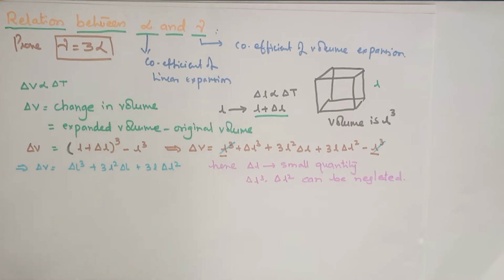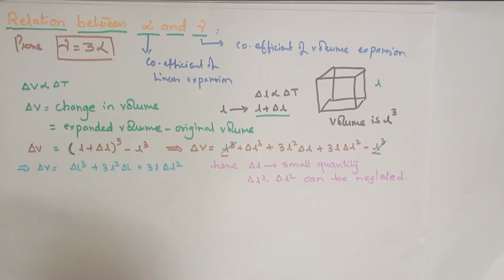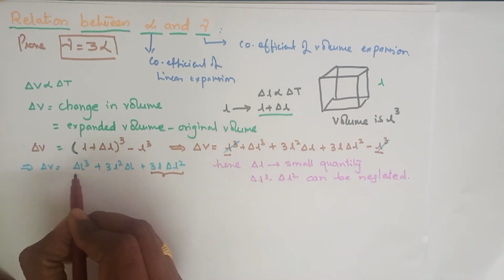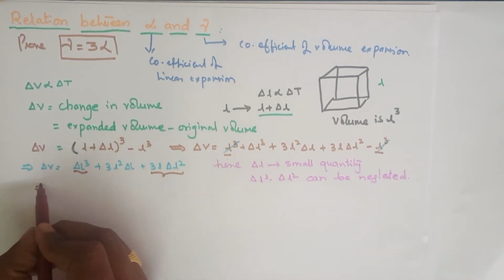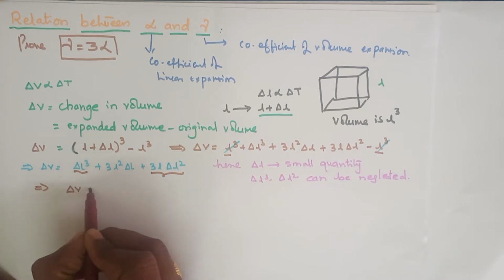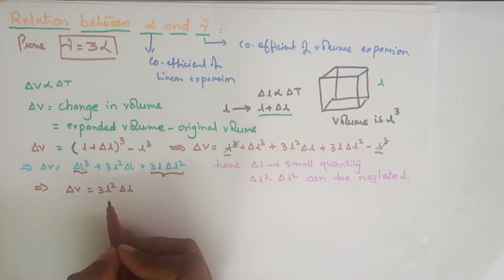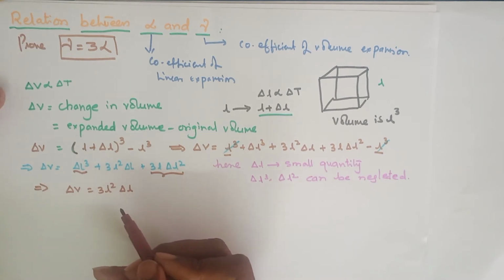These are not considered. Delta V is equal to 3L square delta L, right?